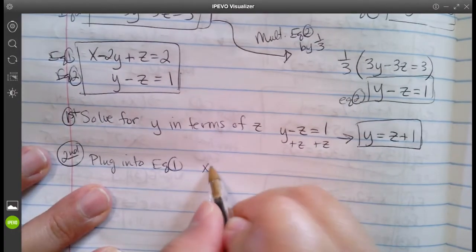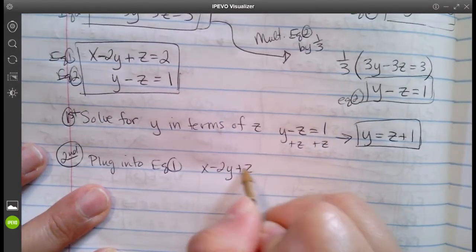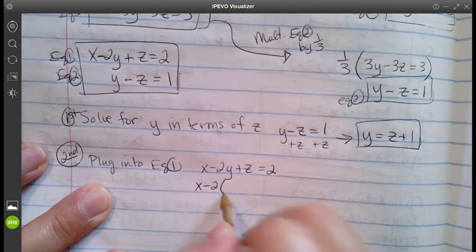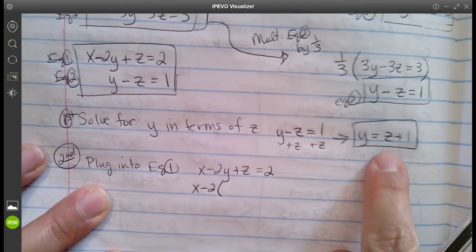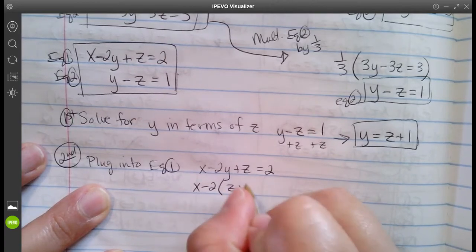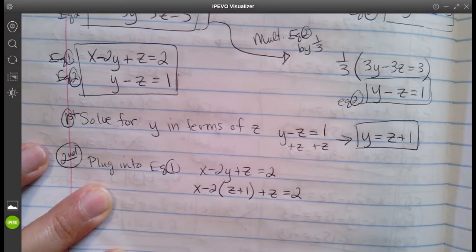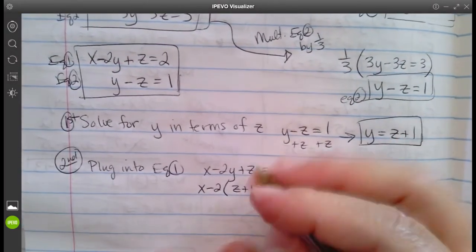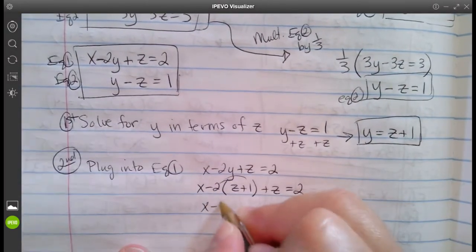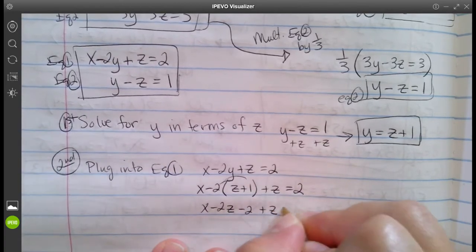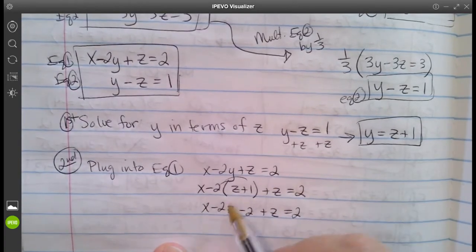So we're going to have x minus 2y plus z equals 2. x minus 2 times our y, which is equal to z plus 1, plus z equals 2. Then I distribute, so I get x minus 2z minus 2 plus z is equal to 2.